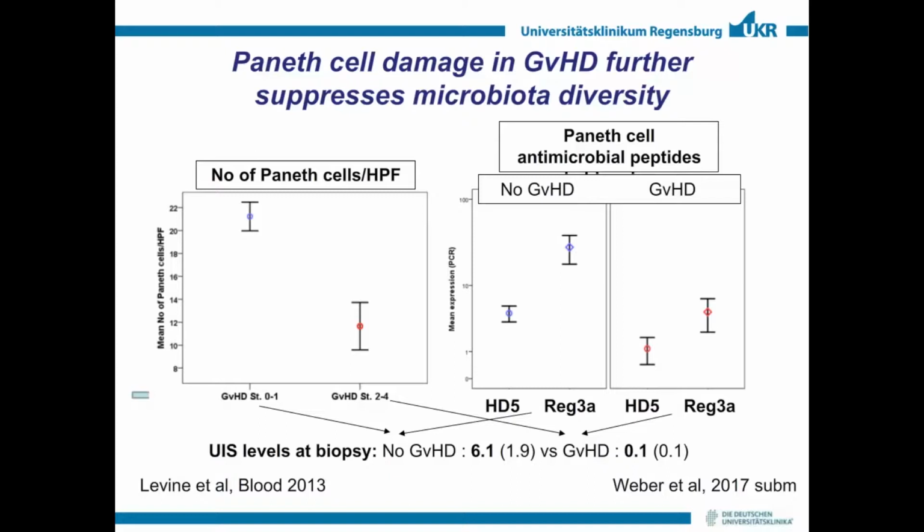And the consequence, the functional consequence, is seen here when we analyzed the indoxyl sulfate levels at the time of biopsy. Those who had no GVHD had higher indoxyl sulfate levels than those who had GVHD, indicating that the microbiome is even further disturbed at the time of graft-versus-host disease.